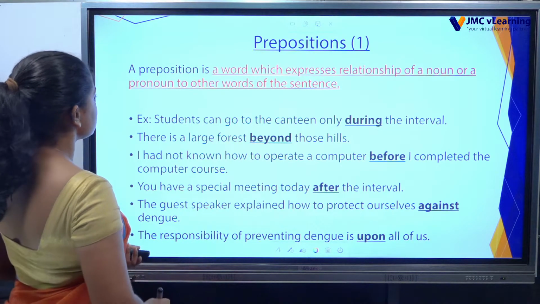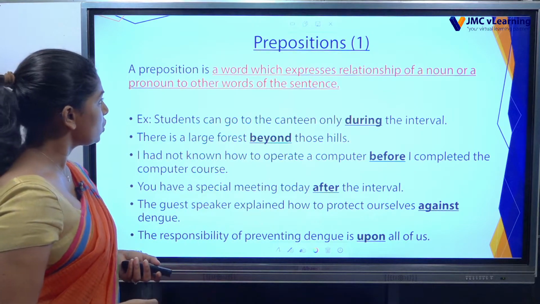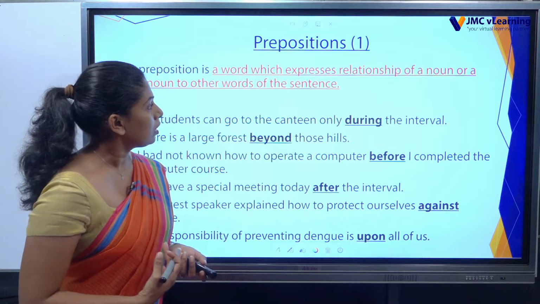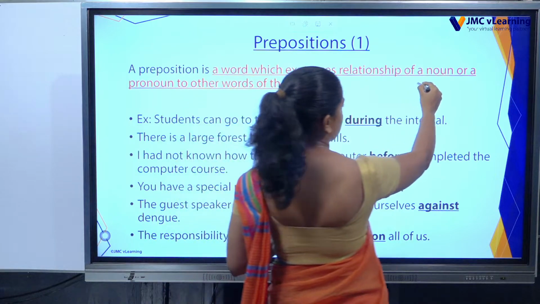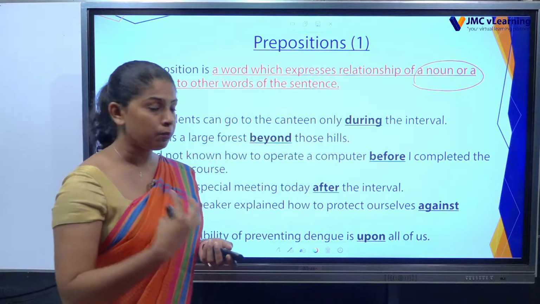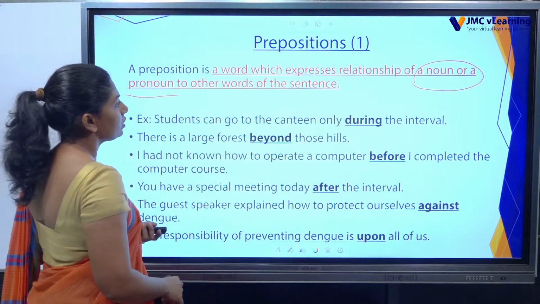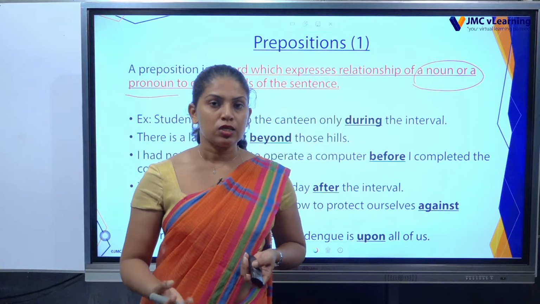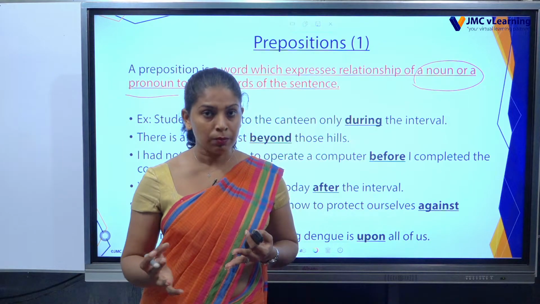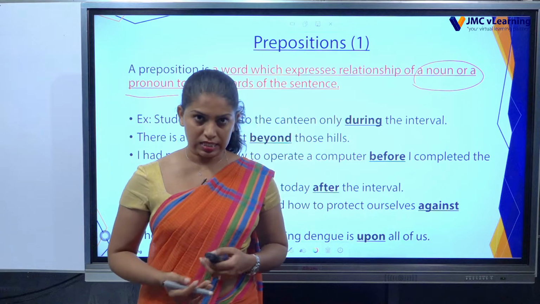A preposition is a word which gives the idea of a relationship between a noun or a pronoun and other words of the sentence. So we use prepositions to show the relationship between a noun or a pronoun and the other words in the sentence.